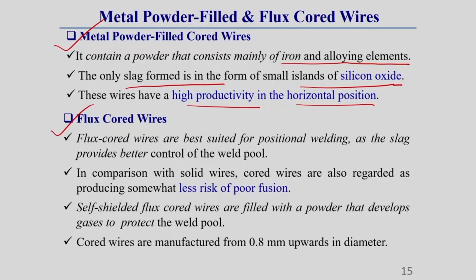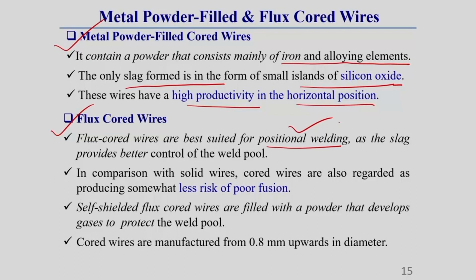The second one is called flux core wire. What I have told you is that this flux core wire is best suited for positional types of welding. Why positional welding? Because one thing you should keep in mind: the flux core we are using contains some ingredients which generally make a fluid type of slag. This fluid slag protects the molten droplet from falling down.